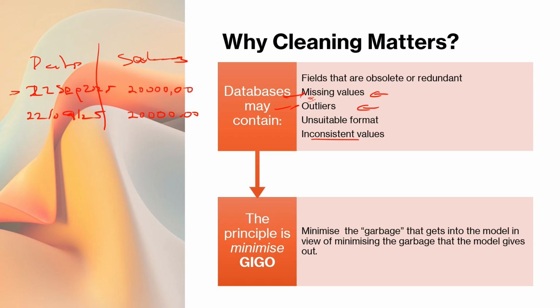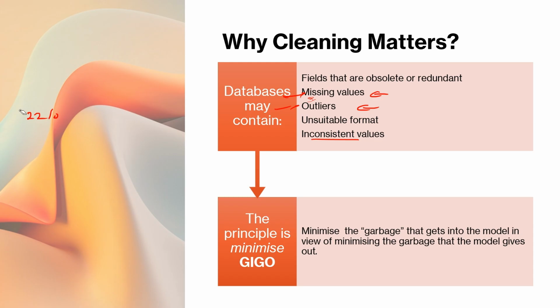One is writing a comma here, one is writing a dot here. They mean the same thing, but you need to bring consistency everywhere. So that's what I mean: in a data set you need to ensure that there is consistency. You need to deal with missing values, you need to deal with outliers. All these are different problems that exist in a data set.